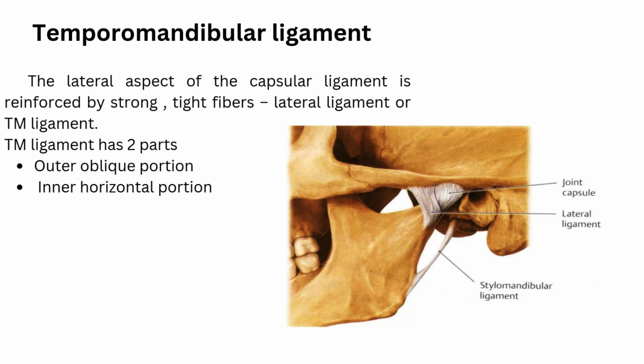Let's talk about the temporomandibular ligament. The lateral aspect of the capsular ligament is reinforced by strong tight fibers, that is the lateral ligament or temporomandibular ligament. Now it has two parts. First is the outer oblique portion and then the inner horizontal portion.